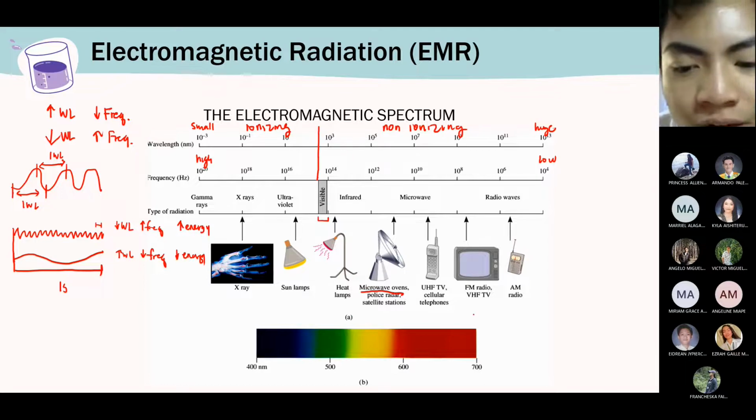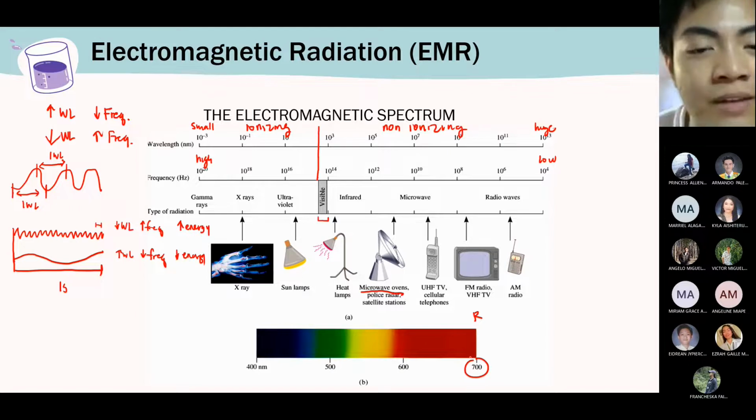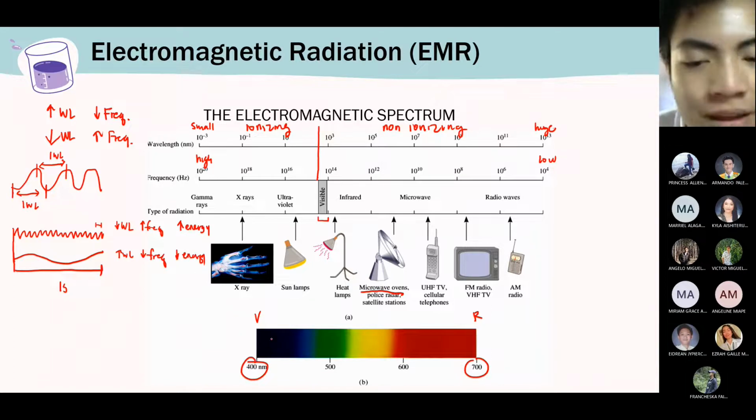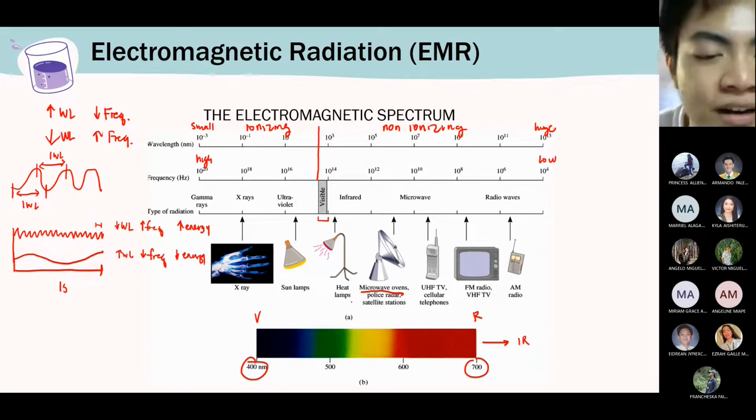The red color, as you can see, has a very high wavelength, around 700 nanometers. And the violet ones have around 400 nanometers. Anything greater than 700 nanometers is IR, infrared.